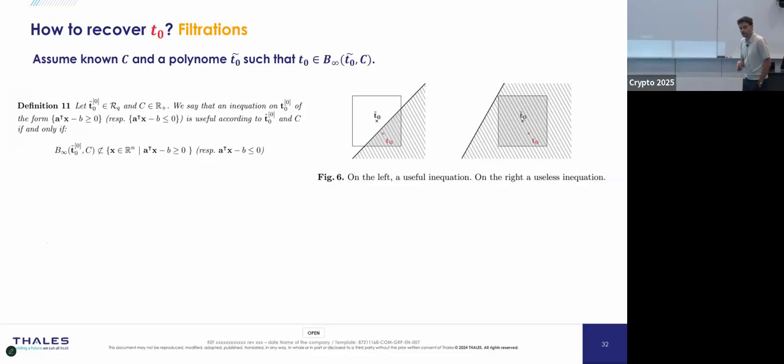To do this, we will define custom definitions and prove some good properties. For this slide only, I suppose that I know a radius C and a vector T0 tilde, such that my secret T0 is in the ball centered in T0 tilde and of radius C. When I collect an inequality from a Dilithium signature, I will say that this inequality is useful with respect to T0 tilde and C if it intersects non-trivially the ball that I already know.